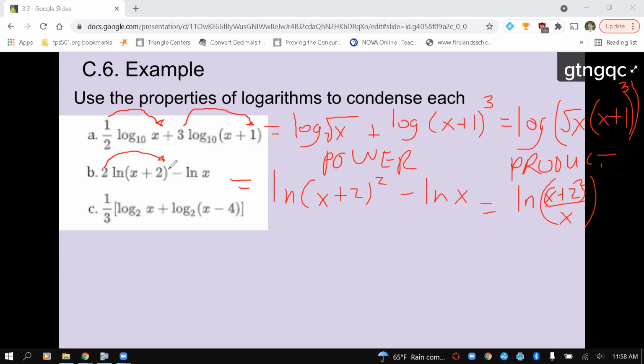First thing we're gonna do is the power rule, but because there's a parentheses here, I can distribute the 1/3 to the x and to the other logarithm too.